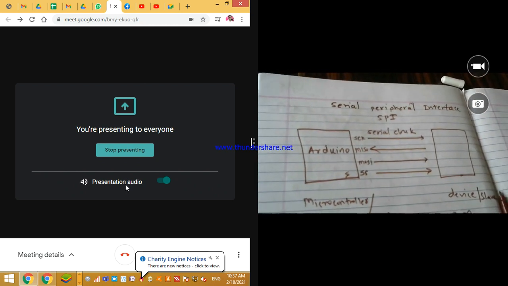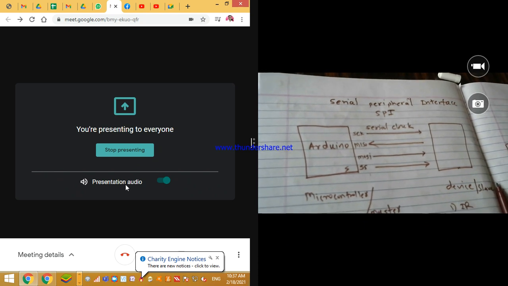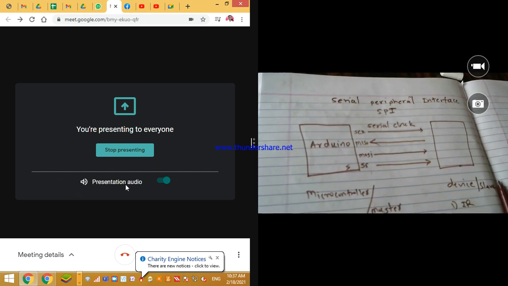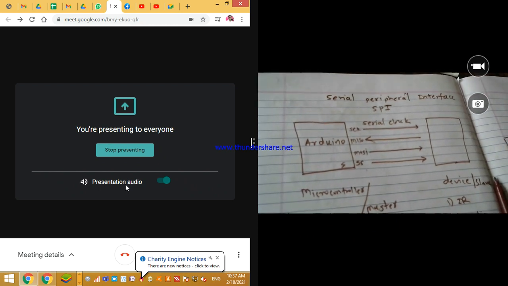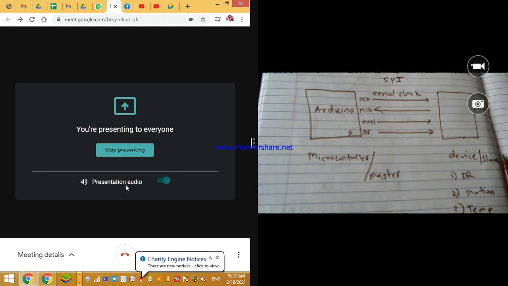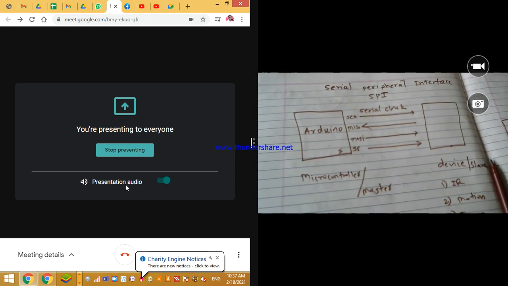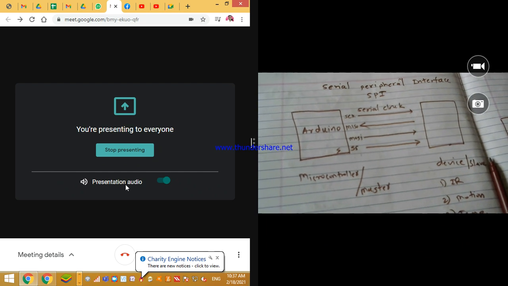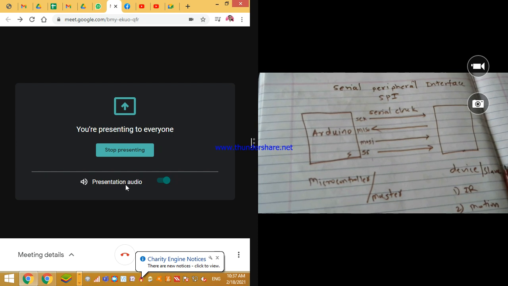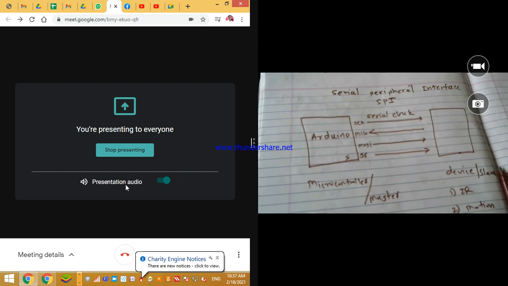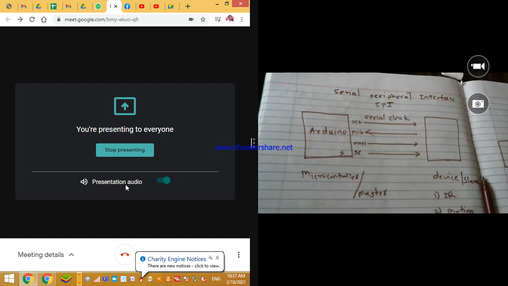The second line is MISO, master in, slave out. The third line is MOSI, master out, slave in. And the fourth line is slave select. I think this much explanation is sufficient to understand the four lines involved in the SPI serial protocol and the role of those four lines, or four pins, as we can also say.